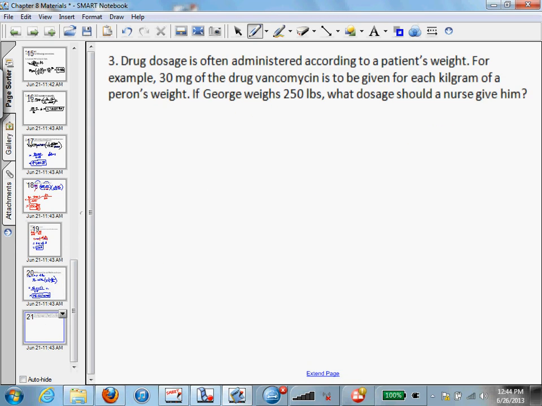And for our last example, we have this patient, and he's going to take this drug, and we have to first find the right amount to give him. So the patient weighs 250 pounds, and we want to give the medicine knowing it's in kilograms.